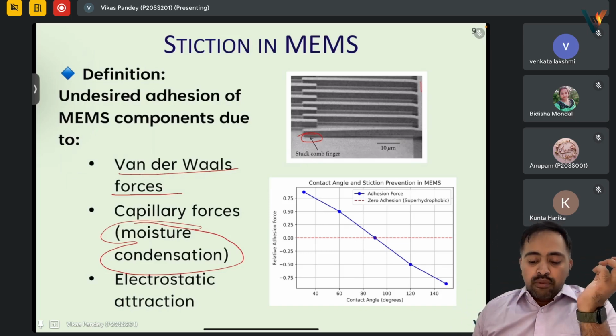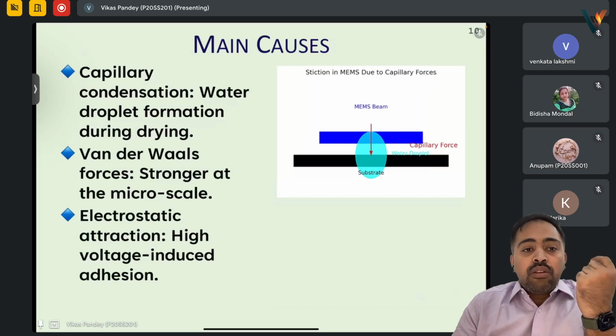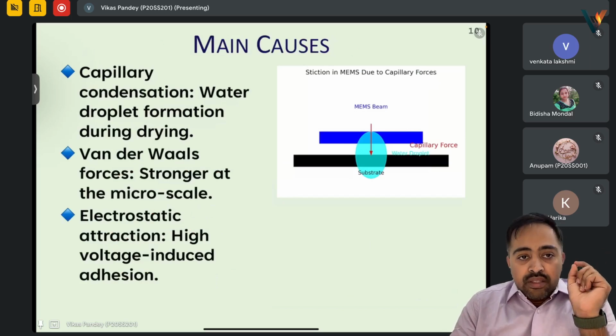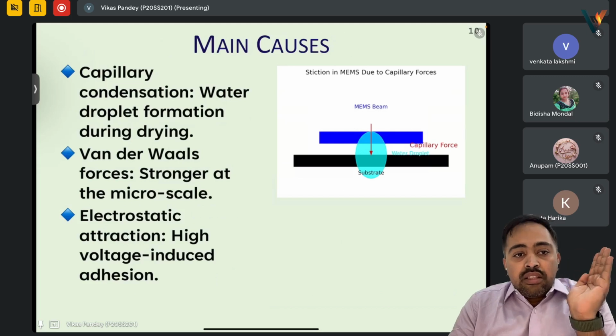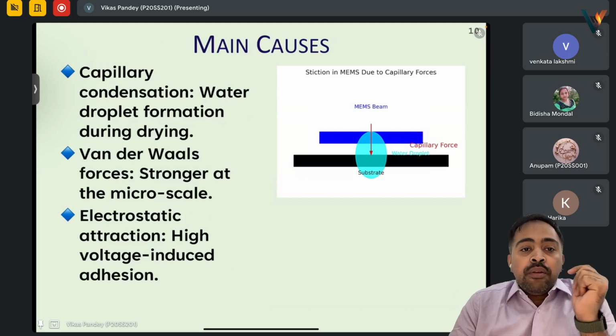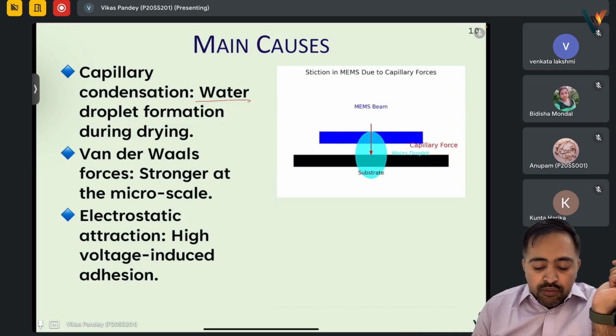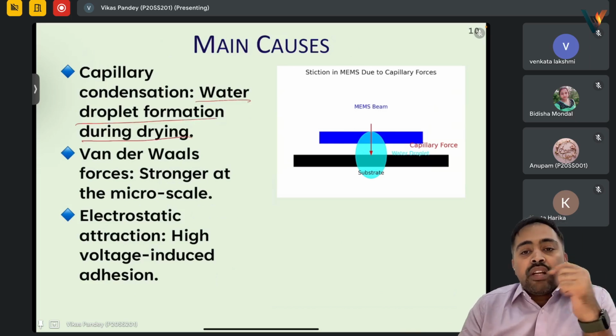So these are some of the things. So what are the main causes? One is capillary condensation. Why does it occur? Water droplets forming during drying.